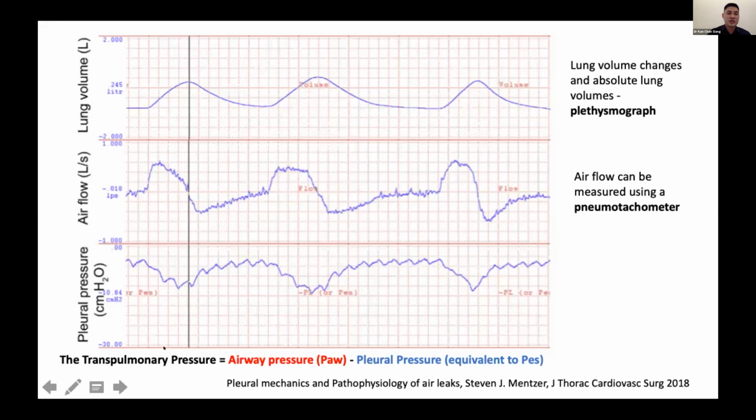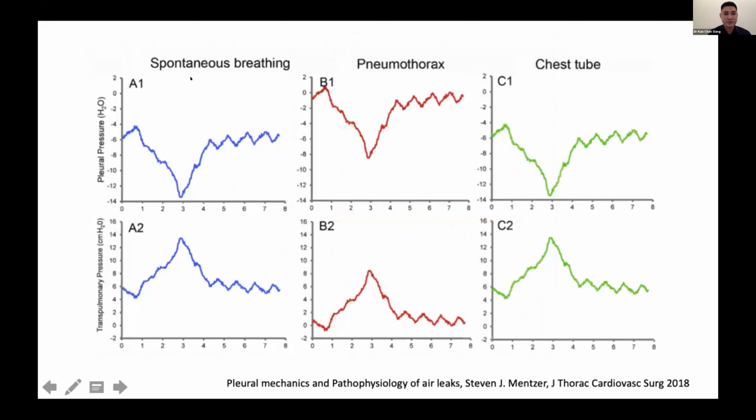As I mentioned, transpulmonary pressure is the difference between airway pressure and pleural pressure. So in inspiration, where the pleural pressure is decreasing, your transpulmonary pressure is increasing, and therefore it drives airflow into the thoracic cavity, producing the tidal volume at inspiration.